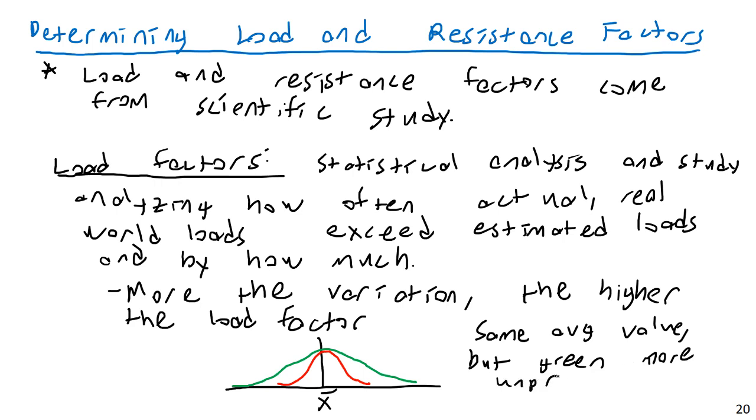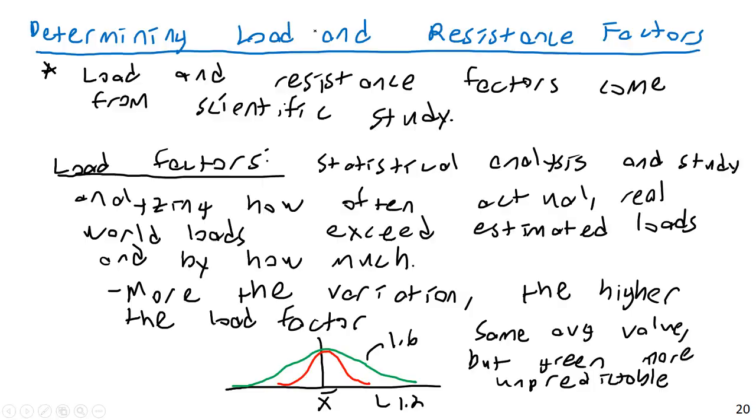So maybe for this one we would use a load factor of 1.2, and for this one you might use a load factor of 1.6. The higher the variability, the larger the standard deviation, the higher the load factor you're going to need. And again, that takes into account uncertainty in the load, uncertainty in environmental conditions, that sort of thing.